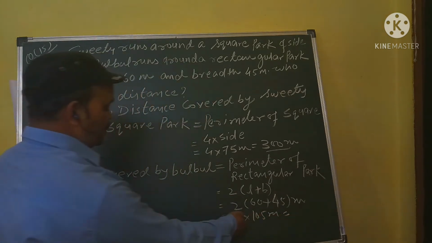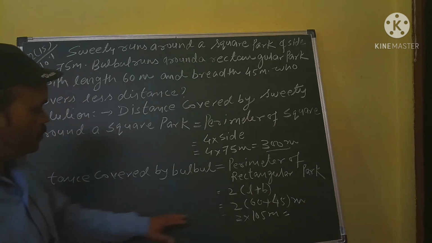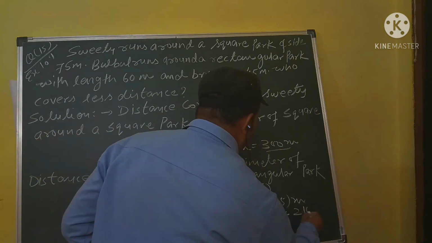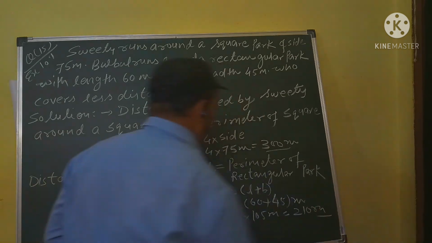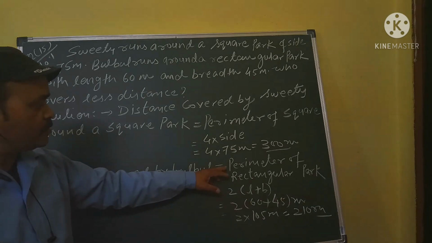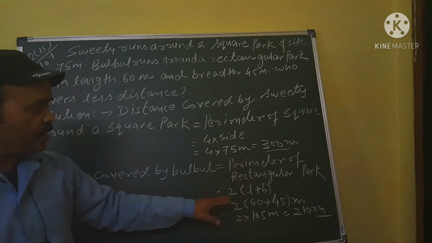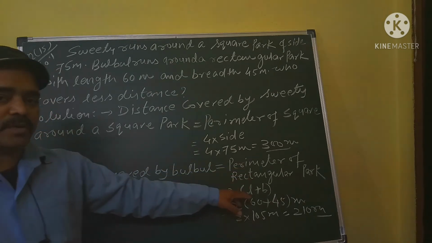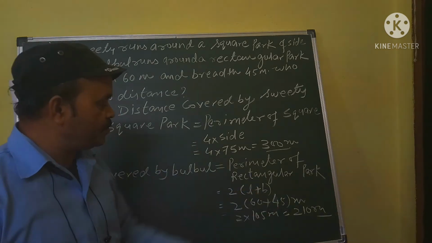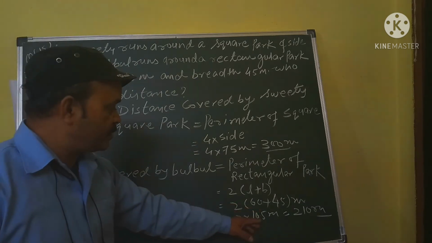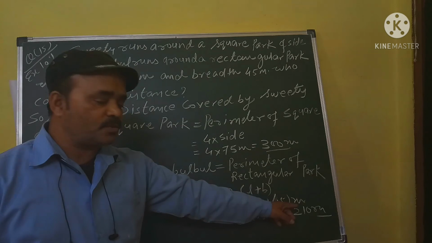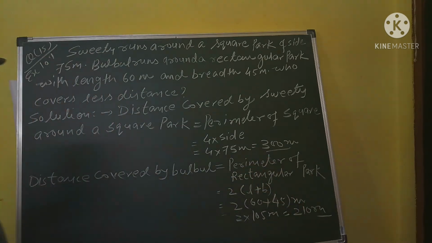Okay, 105 into 2 will give you 210 meter. Now look here, the distance covered by Bulbul is equal to the perimeter of the rectangular park, 2 into (L plus B). Length is 60 meter, breadth is 45 meter. 60 plus 45 gives 105, into 2 gives 210 meter.